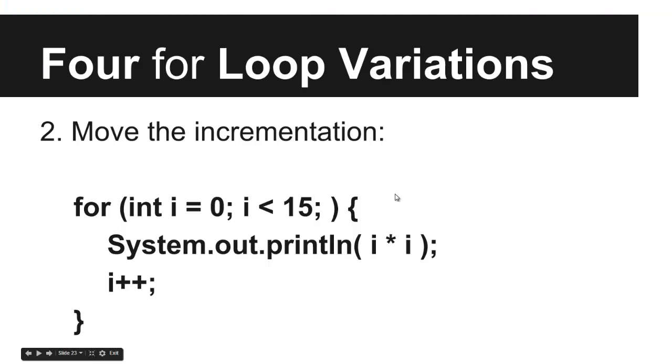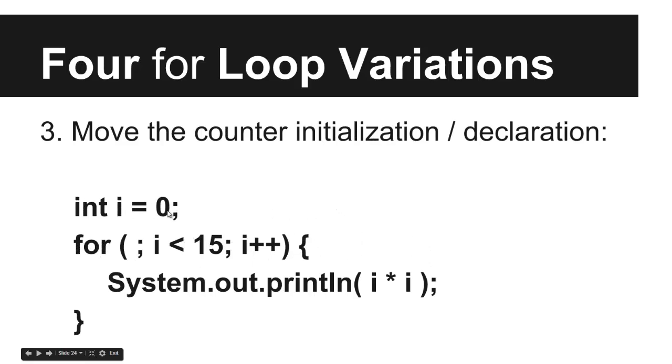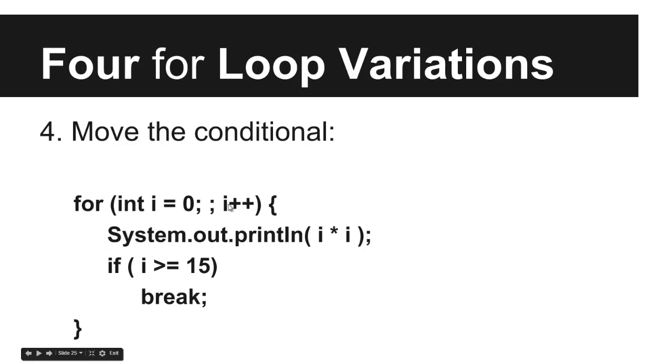Okay. So some different things that you might see. You might see the increment get moved from inside the loop declaration down to the end. You might see the counter initialization and declaration getting moved from the for loop all the way up to the beginning, right before it. You might see the conditional, that middle conditional, which normally goes right here, getting moved down into the middle of the for loop with a break statement.